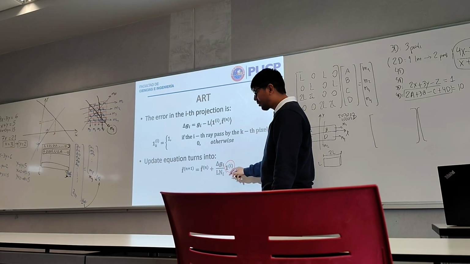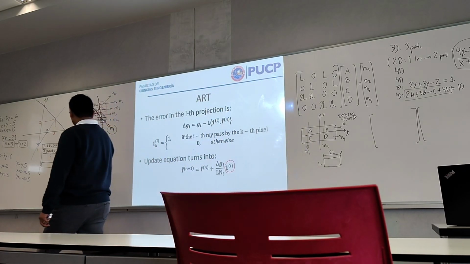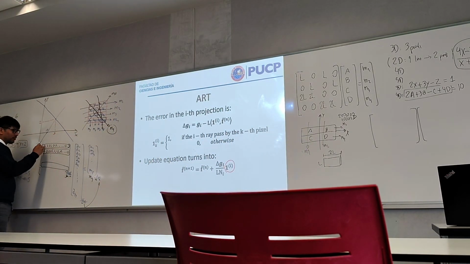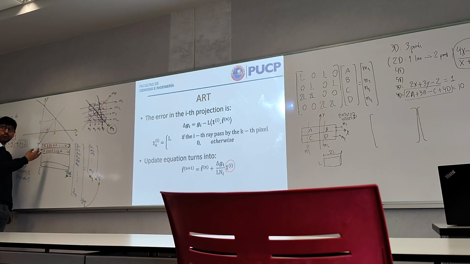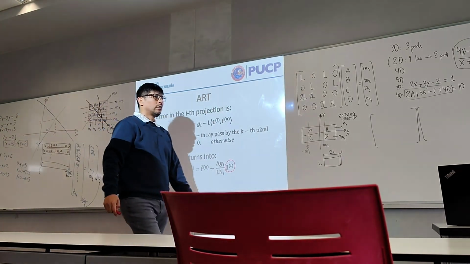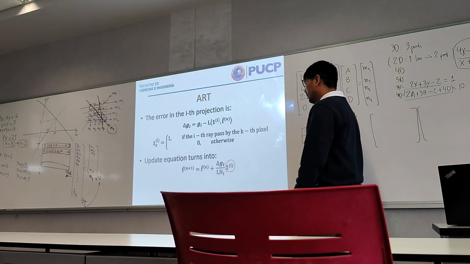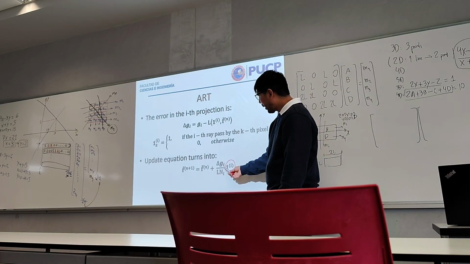Okay, this is a vector of ones. We don't have L here, and just as I mentioned, think about ones, whether the ray goes through or not. Multiply by delta gi.